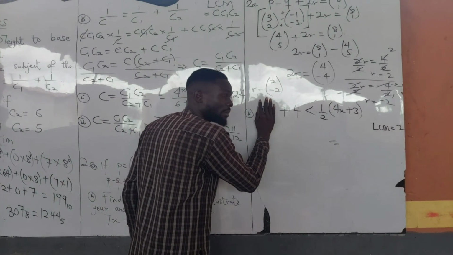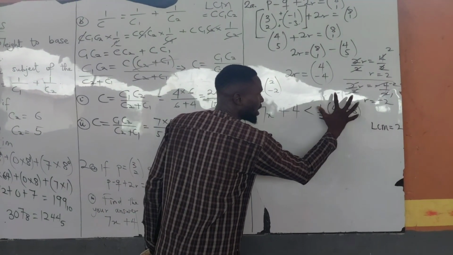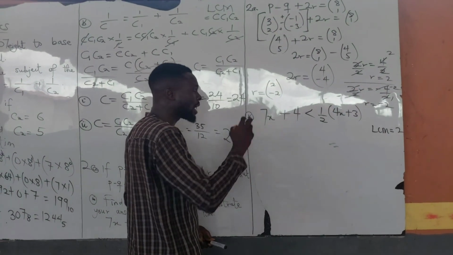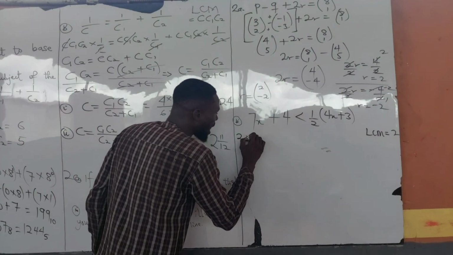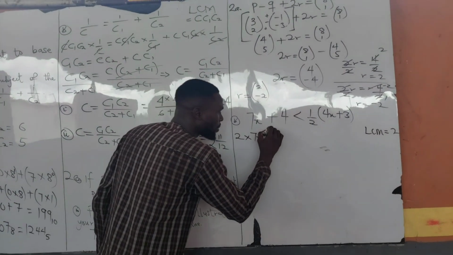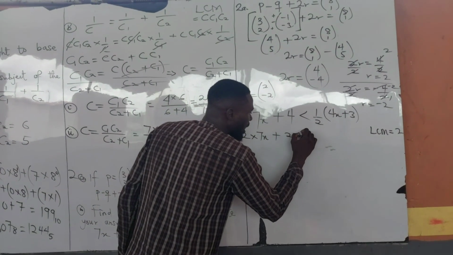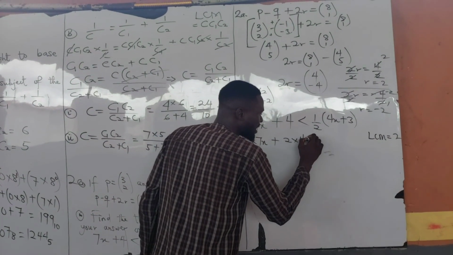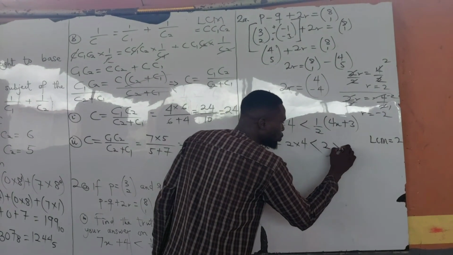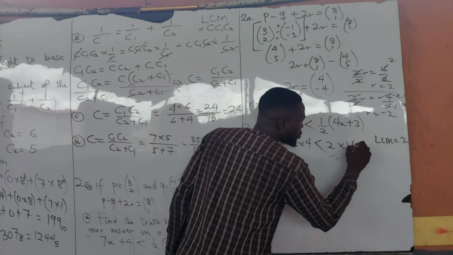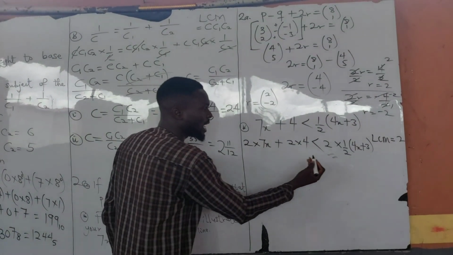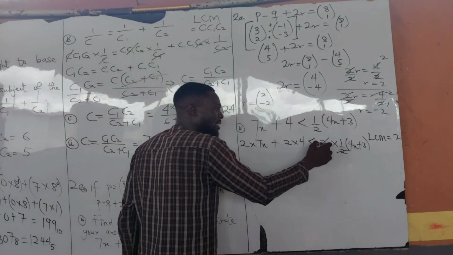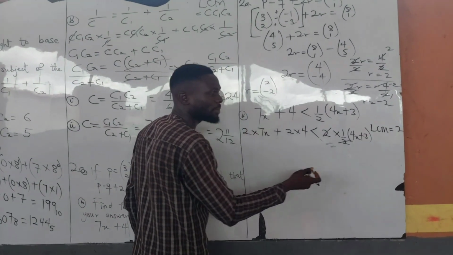We have this as term 1, 2, and 3. So we are multiplying each by the LCM. So 2 times 7x plus 2 times 4, which is less than 2 times 1 over 2 bracket of 4x plus 3. So the denominator here will cancel out because we've multiplied by 2.